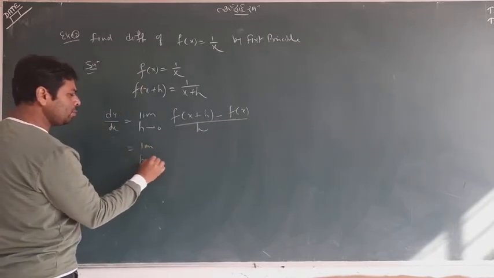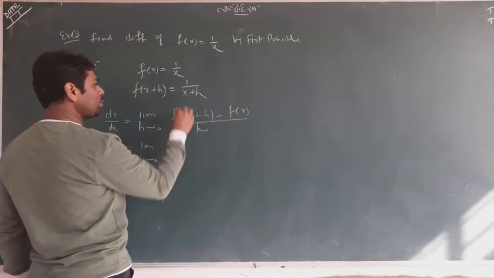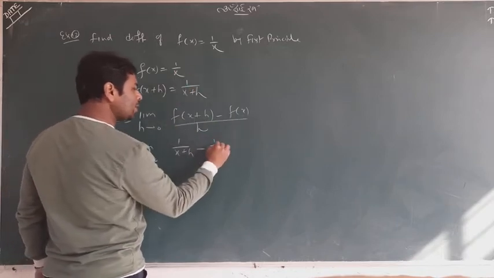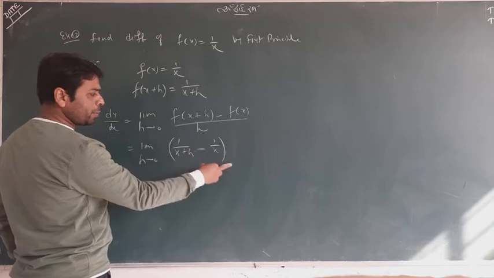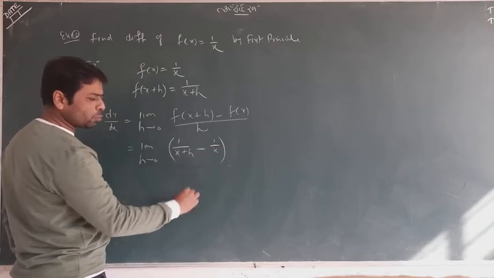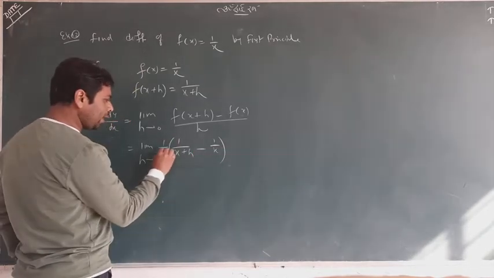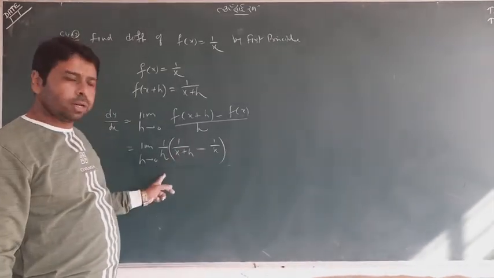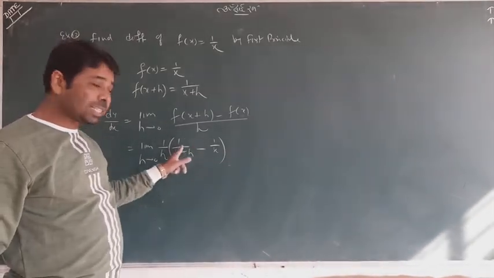Now put the values: f of x plus h meaning 1 upon x plus h, f of x meaning 1 by x, and this h is remaining, which looks awkward to write here, so I write 1 by h on the side. Now I will take the LCM.